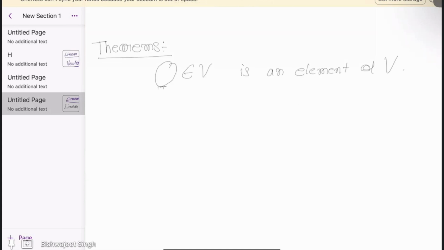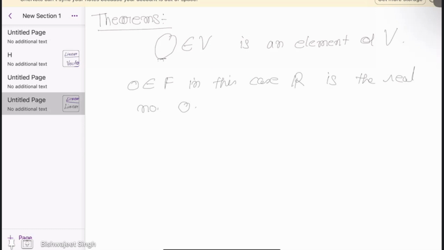but the small 0 that belongs to the field, or in this case R, is the real number 0. Since the notation is a bit the same, you may get confused.